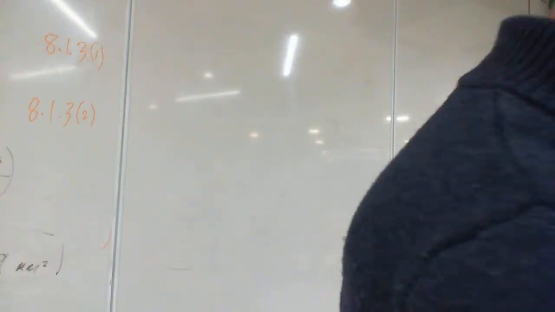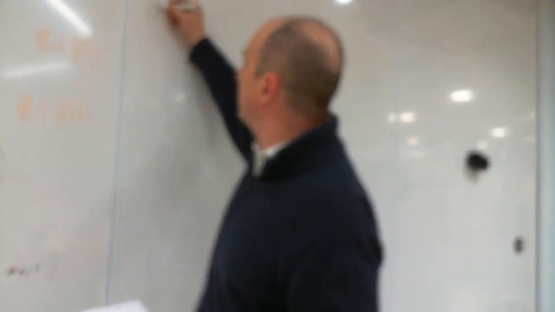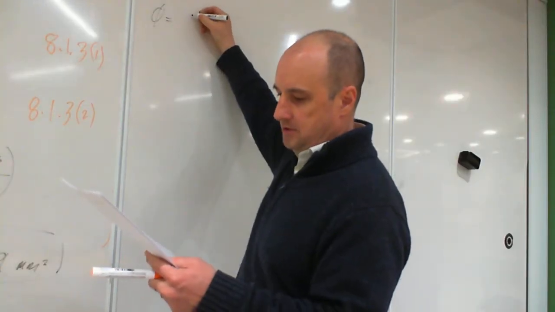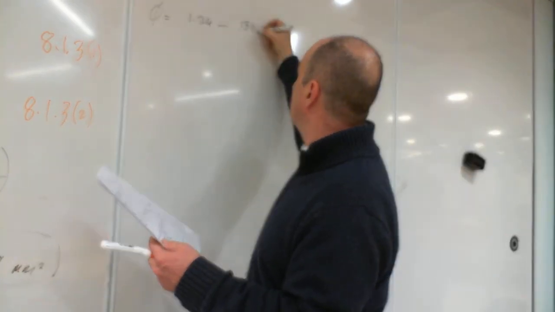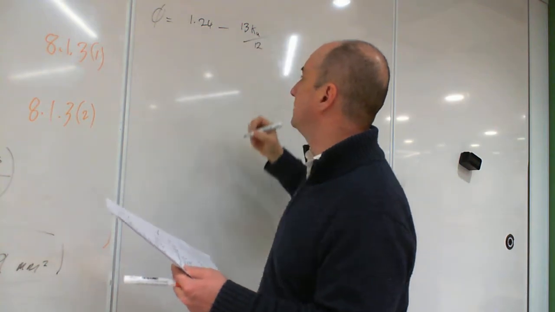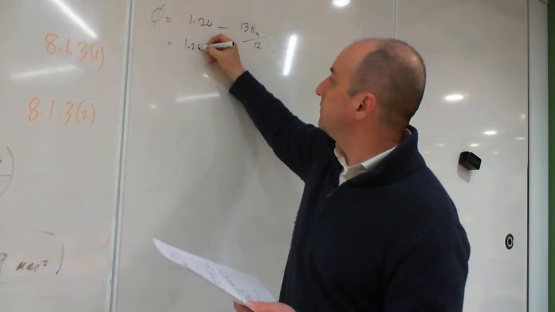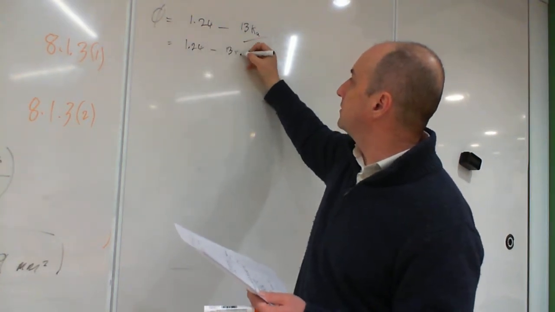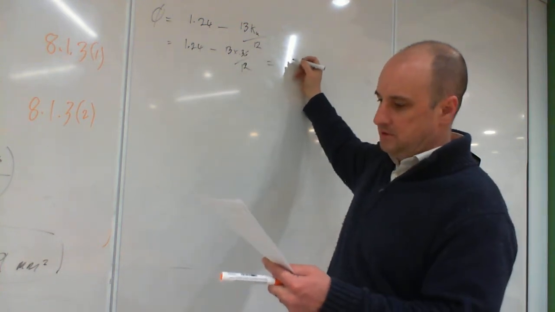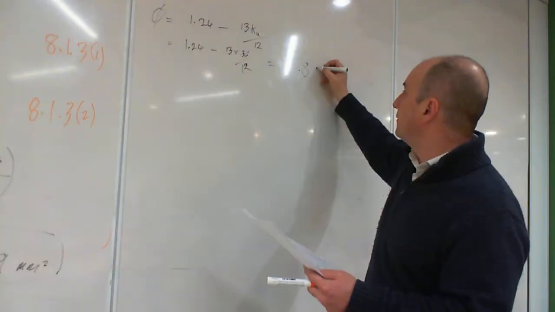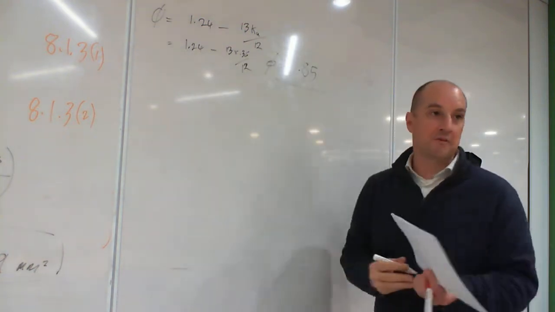So if you look up table 2.2.2, you find that for bending, phi equals 1.24 minus 13 Ku over 12. And we know Ku is 0.36, so that equals 1.24 minus 13 times 0.36 over 12, and that equals 0.85. Okay? Phi equals 0.85 for this problem.